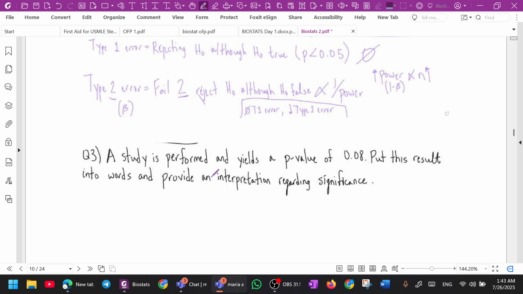A study is performed and yields a p-value of 0.08. Put the result into words and provide an interpretation regarding significance. So it is that one you told me to remember.